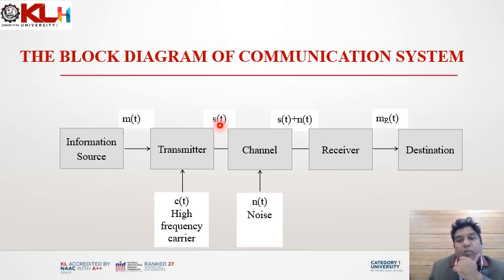Now this modulated wave is given to the channel, passed through a huge amount of distance, maybe 100 kilometers or maybe up to 1000 kilometers, and during this process the noise N of T gets added.